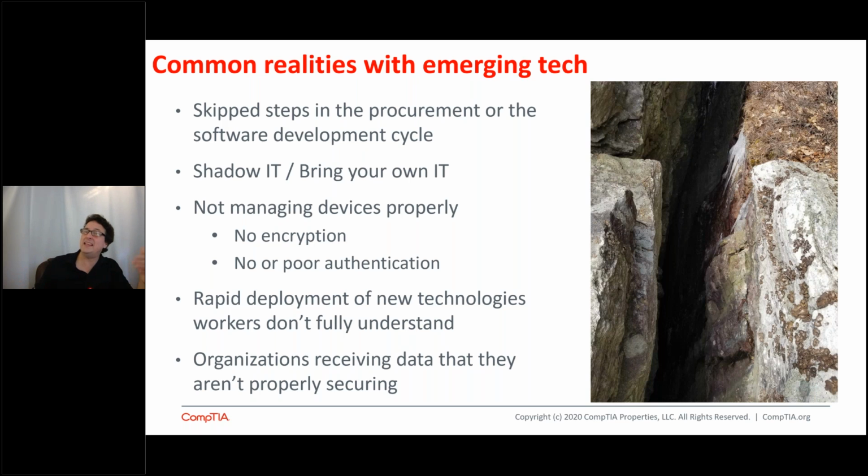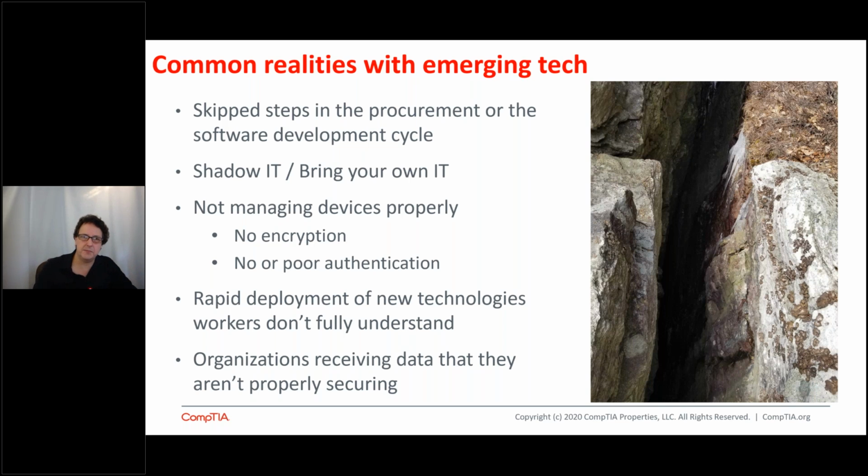So the IT department isn't even aware that they've gone out and grabbed an instance of Slack for their little business unit, or that they've grabbed a CRM, a customer relationship management piece of software. The IT department doesn't know about it.